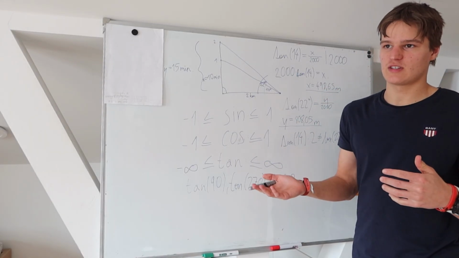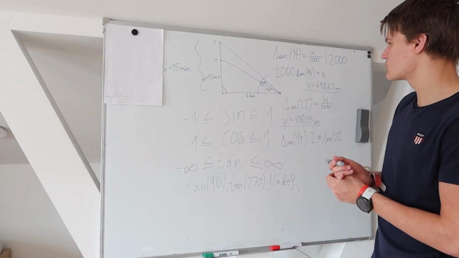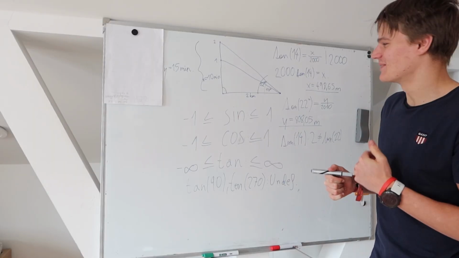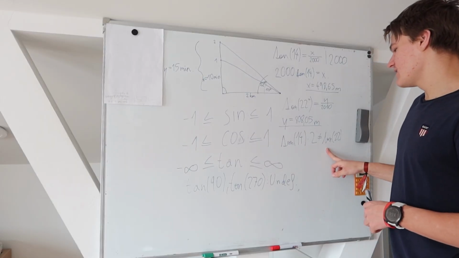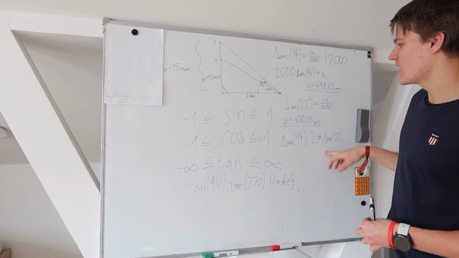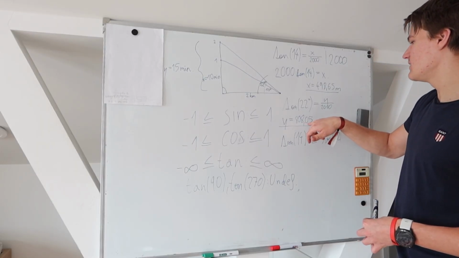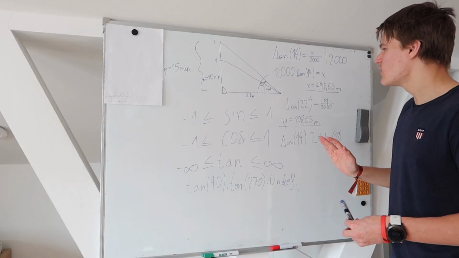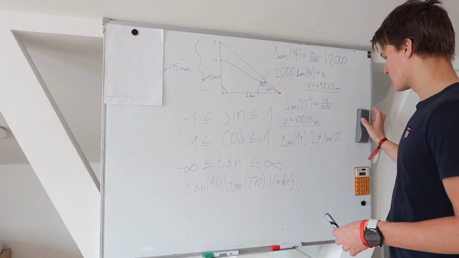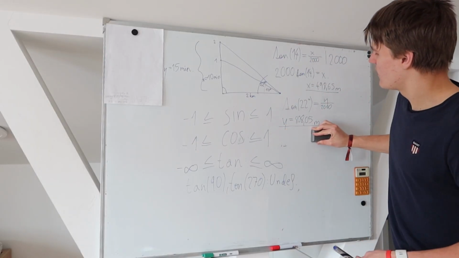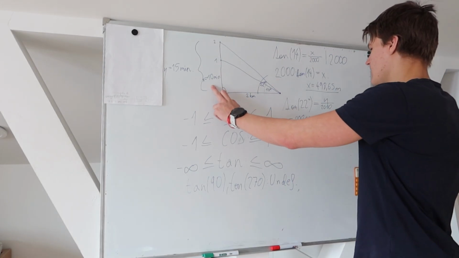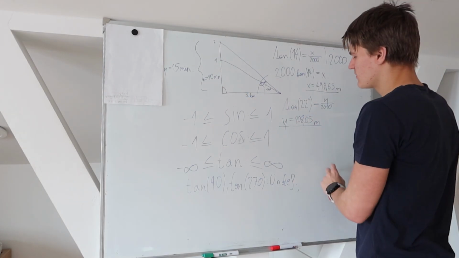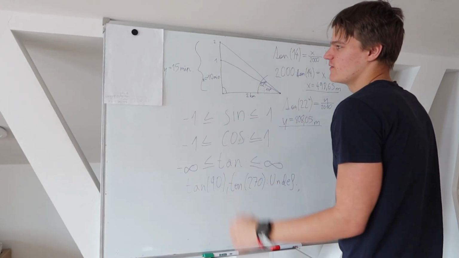Because something times 2 is just something that's times 2. And that's pretty dumb anyways. But my point being, if this were the case, then we would get like 997 point something, but we don't get that. So this is not true actually. We actually figured out that this height, x, is 498.65 meters, and y is 808.05 meters.